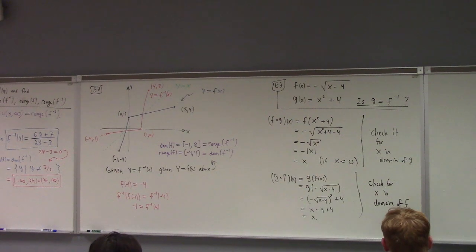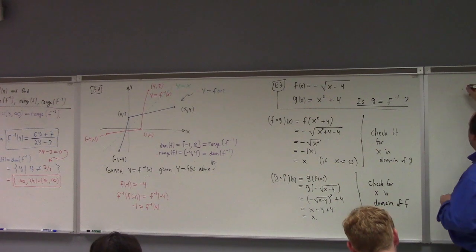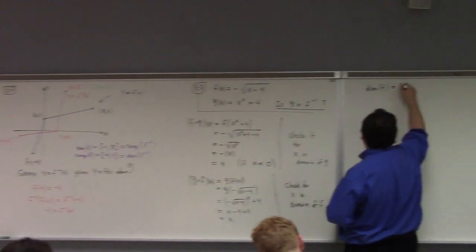What is the domain of f here? I mean, the formula kind of forces something on us, right? So notice that the domain of f is like 4 to infinity.